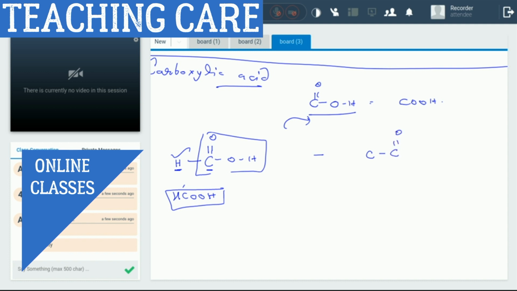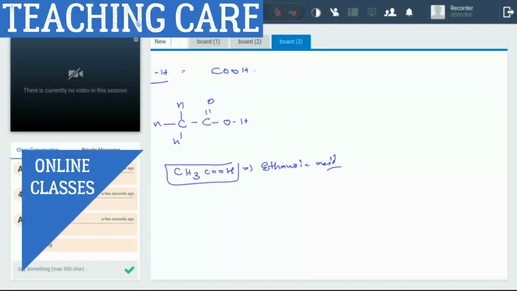This carbon will become carboxylic, and here is the H, C, H, H. So its formula becomes CH3COOH, right? This is called ethanoic acid. Got it? Now can you make a structure of propanoic acid for me?